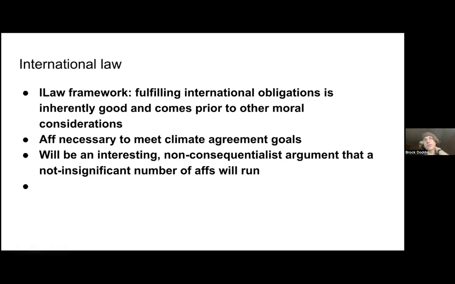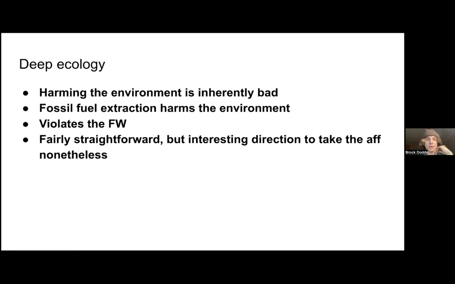This framework isn't consequentialist, but the argument still sort of is, because it requires that the affirmative can actually prove that emissions decrease. So again, you're still getting into that solvency argument, where you're probably going to have to claim that U.S. leadership on climate change spills over to other countries.